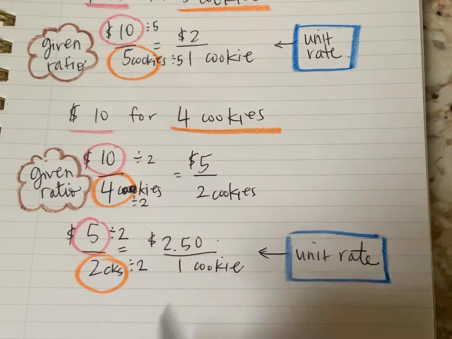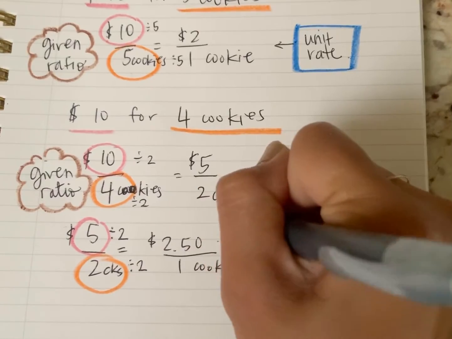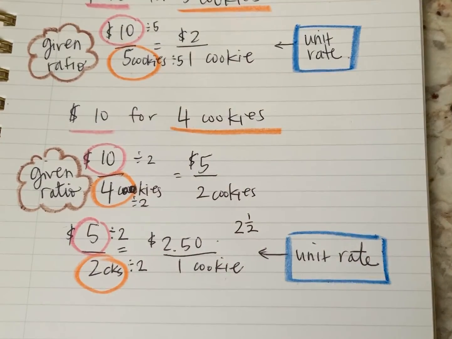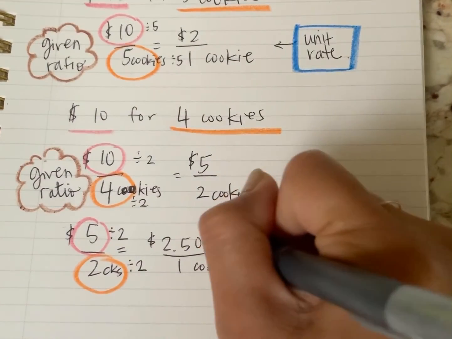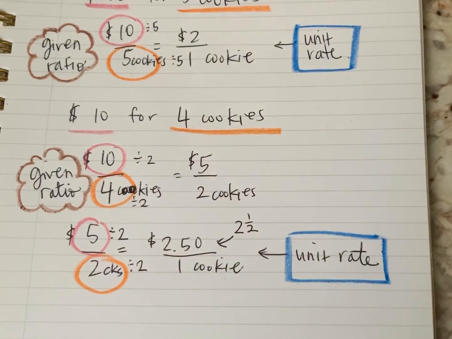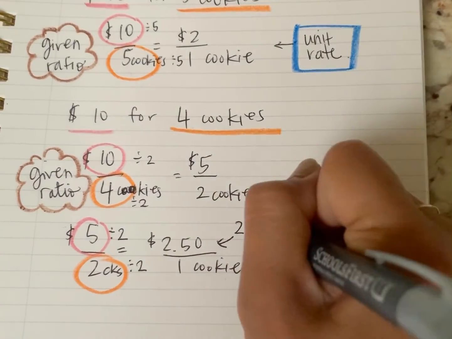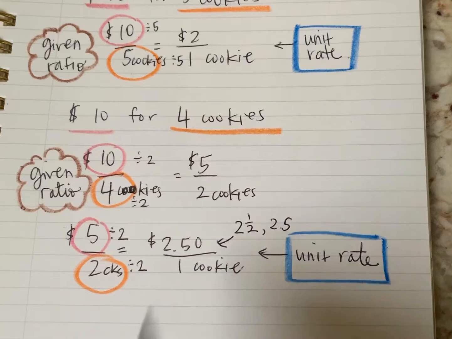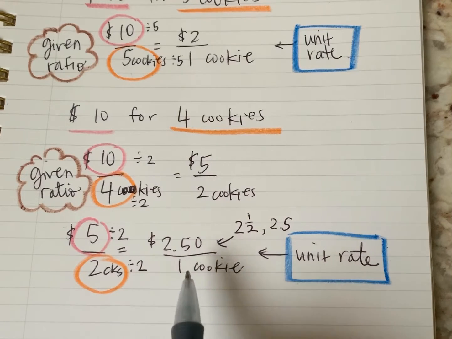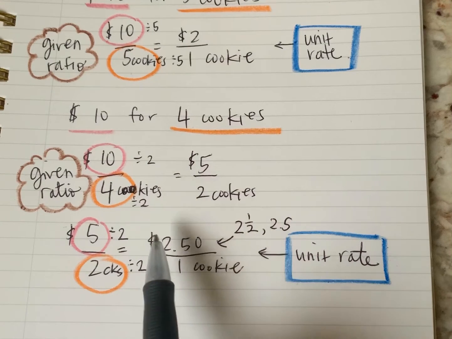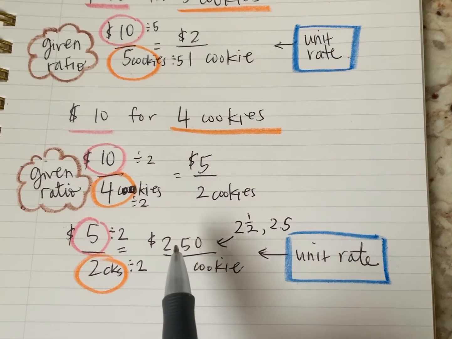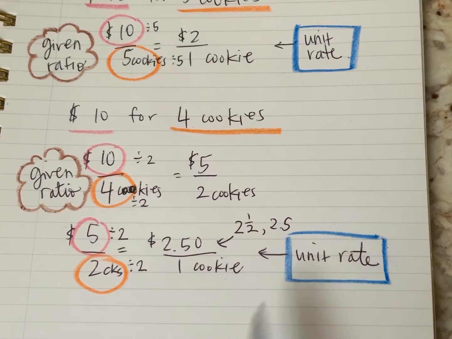You could have thought about it as that, or that, right? It could have been like 2.5. But I added that 0 because I want to make sure that I don't lose the fact that I'm talking about money. So here I'm showing $2.50 over 1 cookie. That is my unit rate.